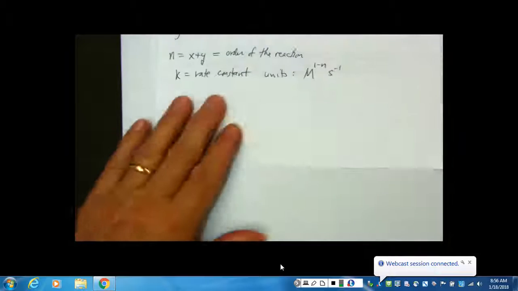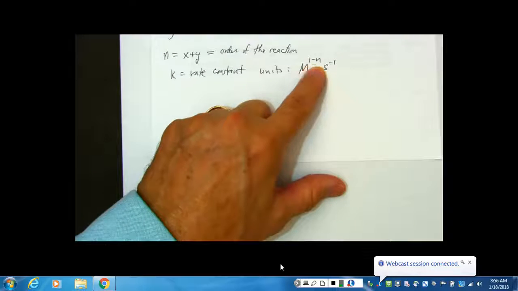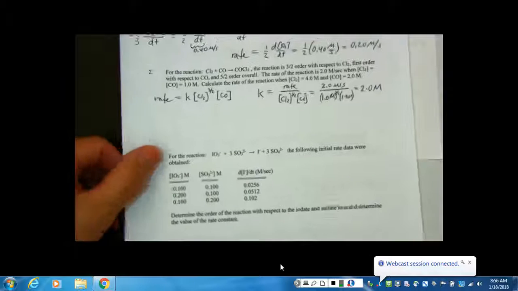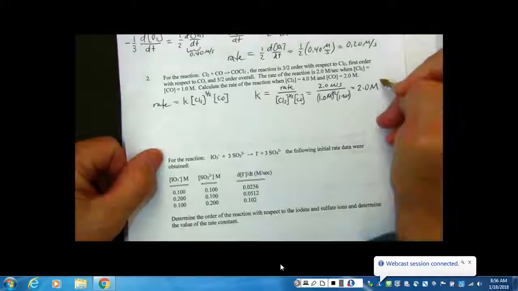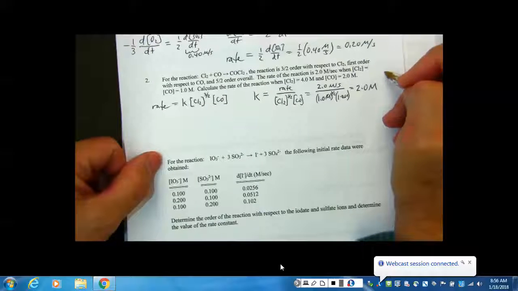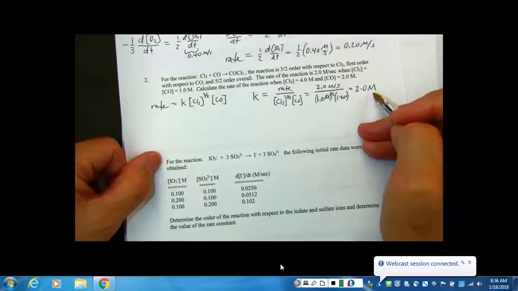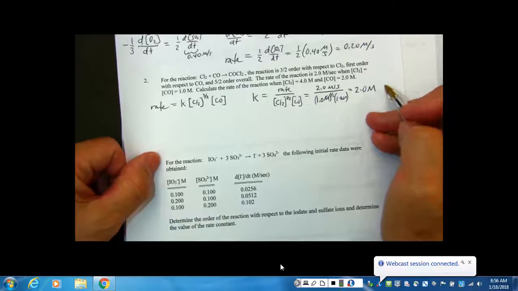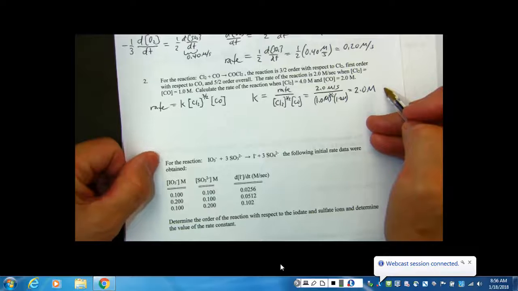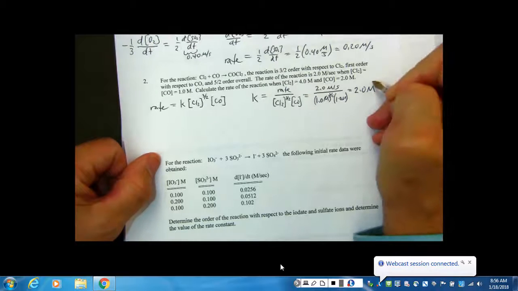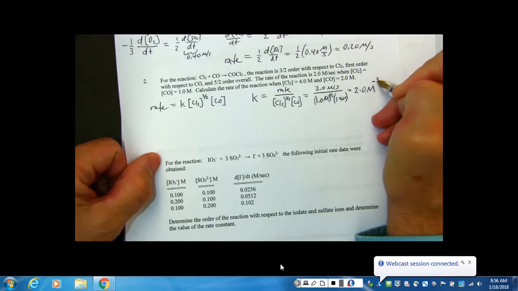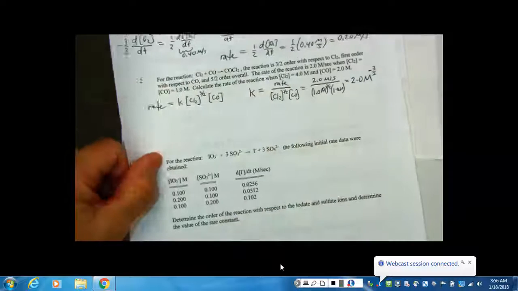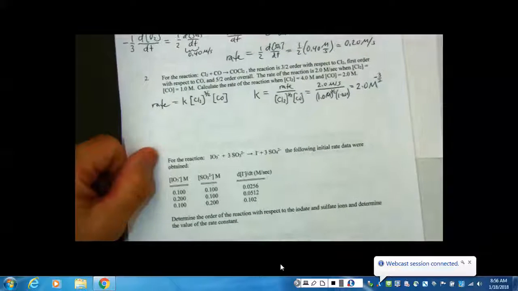The rate constant units, molarity to the 1 minus n, seconds to the minus 1. So what's the units on this molarity? To the first power, second power, 8th power, minus 3/2. How did I get that?